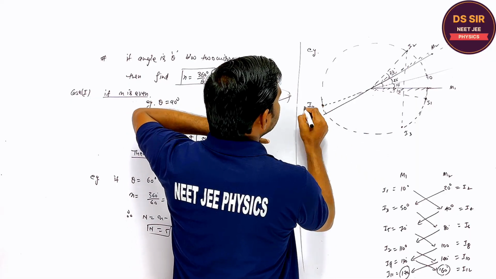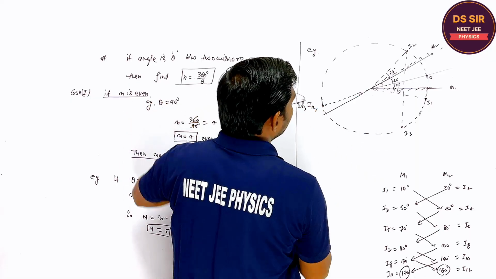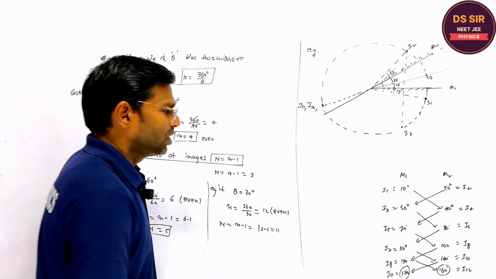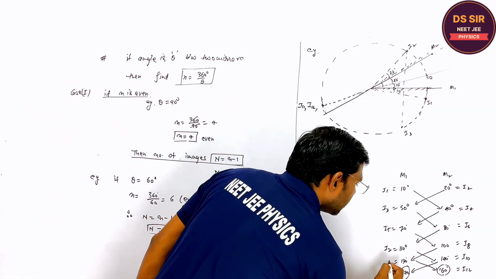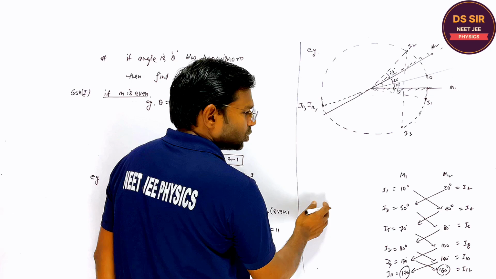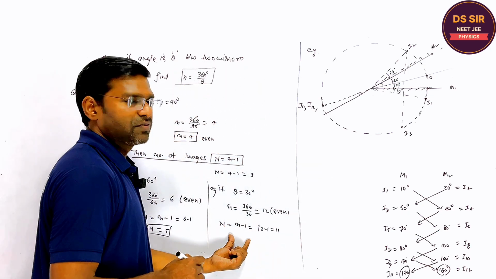So the final images I11 and I12 will coincide with each other. So these images are coinciding, right. Therefore the total number of images will be 11.